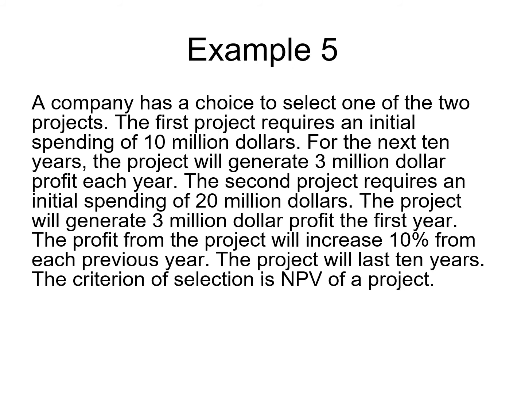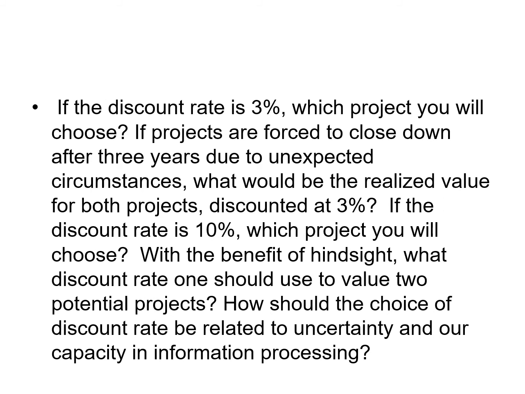The criterion of selection is NPV of a project. If the discount rate is 3%, which project you will choose? If projects are forced to close down after 3 years due to unexpected circumstances, what would be the realized value for both projects discounted at 3%?